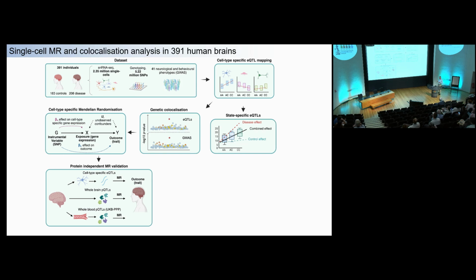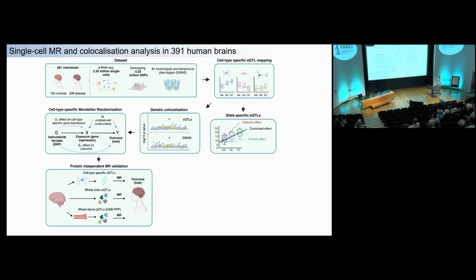So this is work that we have currently under review with Nature Genetics, which is work that we've recently completed where we combine co-localization and MR using single-cell sequencing data from nearly 400 brains, consisting of 183 controls.